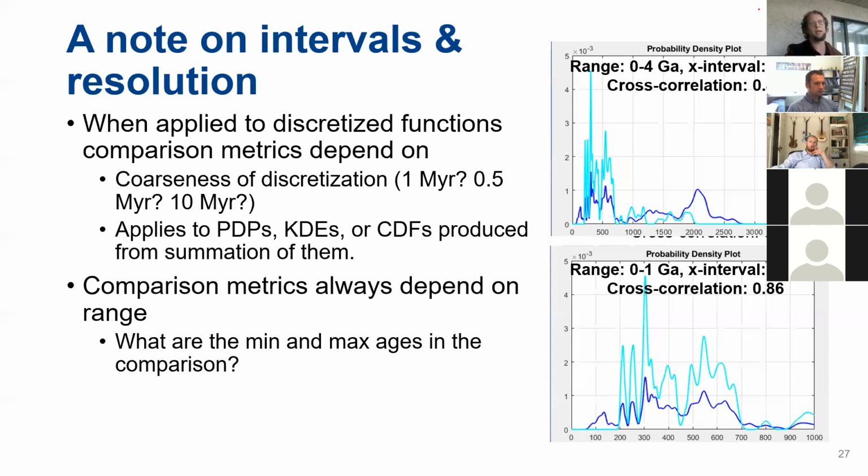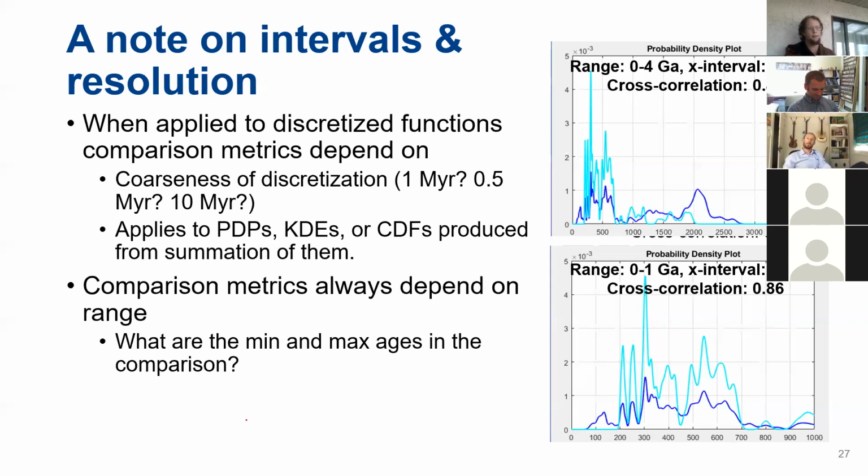So for example, you could take a PDP with 1,000 grains and discretize it at 1 million year intervals. You could take a PDP with 10 grains and discretize it at that same interval, and then you could directly compare them. Does that sort of answer the question? Hopefully. Yep. All right, cool.